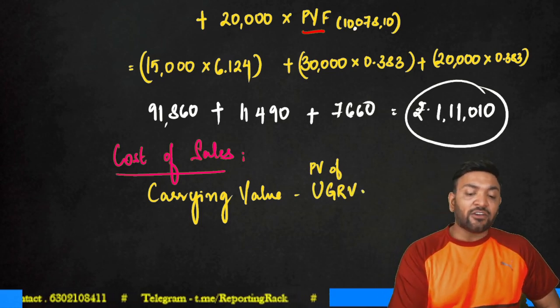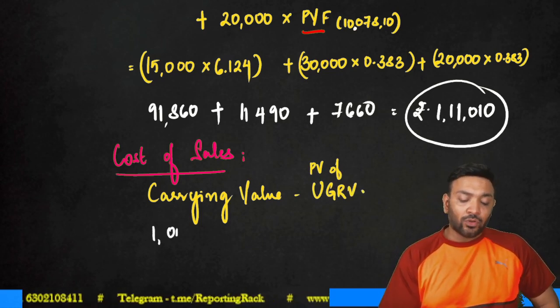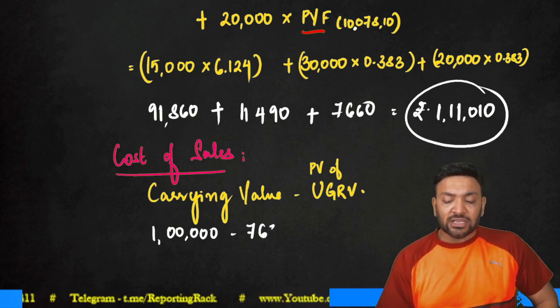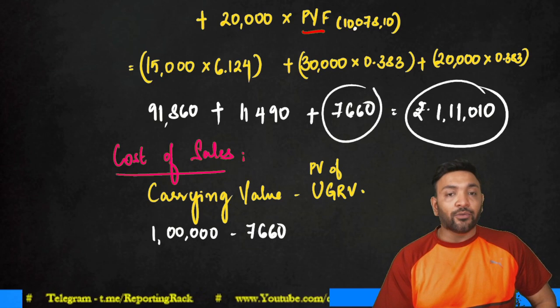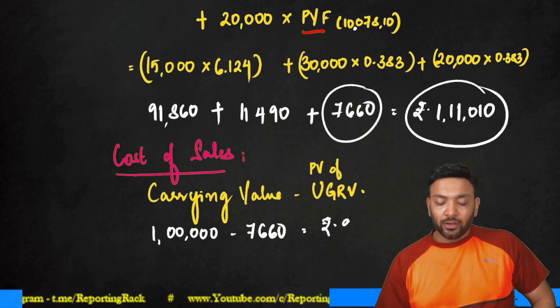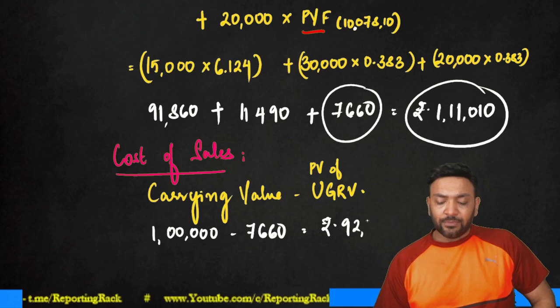What is the carrying value of the asset? 1 lakh. What is the present value of UGRV? We just calculated up above, 7,660. So this should be 92,340.